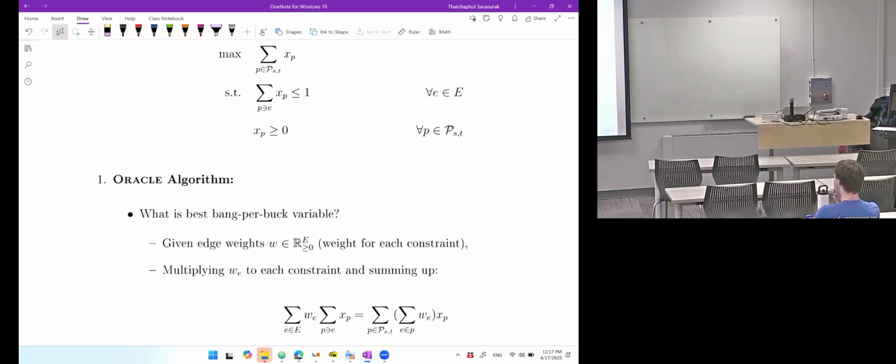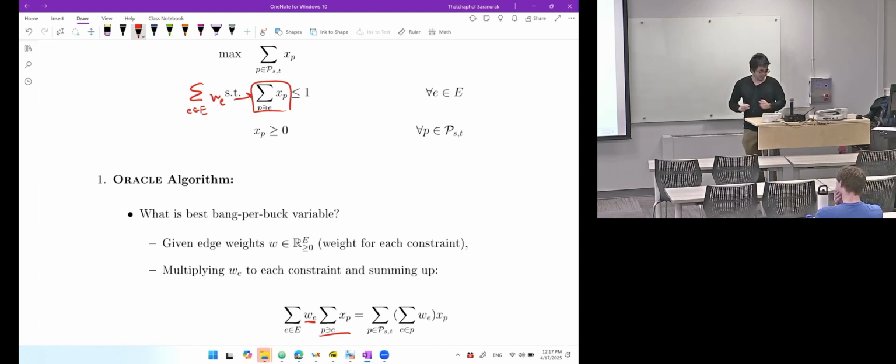There is going to be a weight for each packing constraint, so you have weight WE for each edge E. What we need to do is multiply WE to the left-hand side of the constraint, and sum them up over all edges.